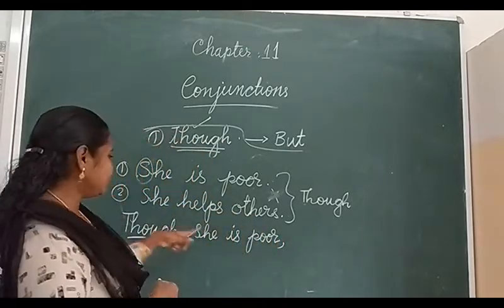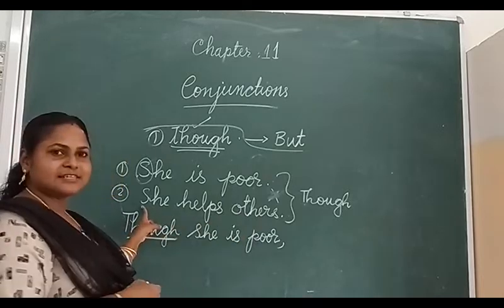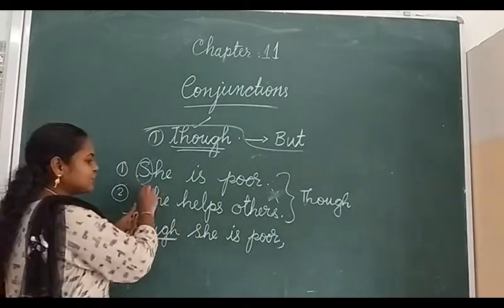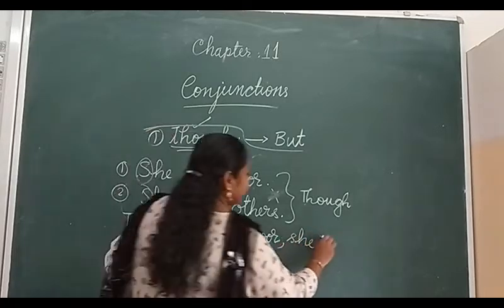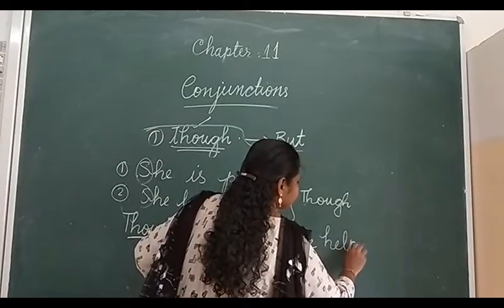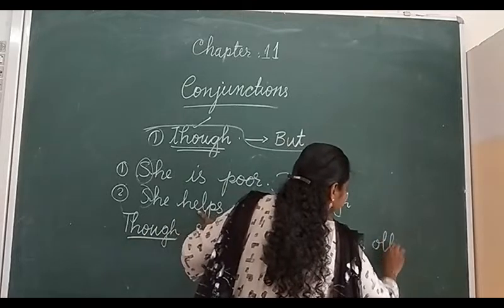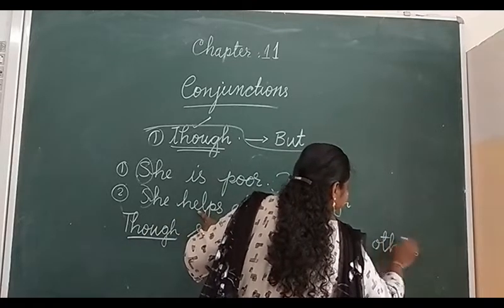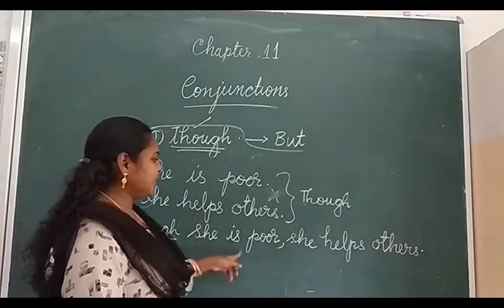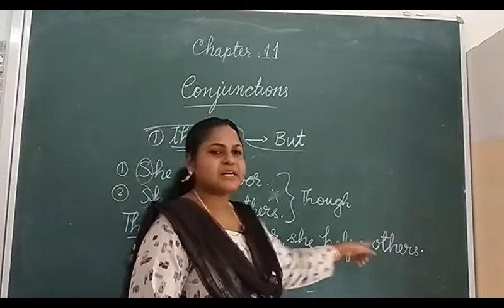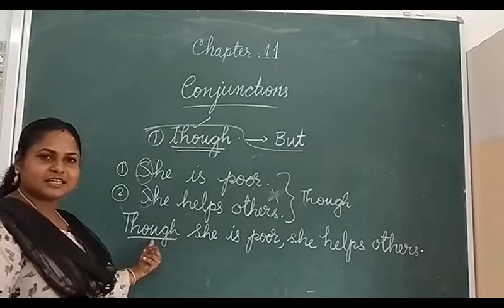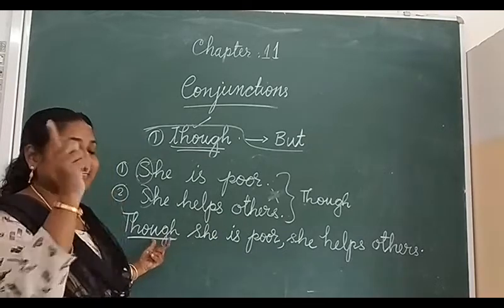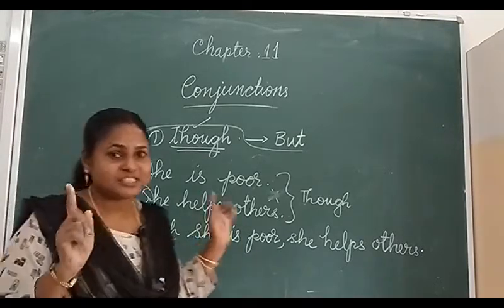Though she is poor, then the second sentence, here also it should come as small letter, she helps others. Though she is poor, she helps others. We joined these two sentences using the conjunction though, and it is placed in the beginning of the sentence.